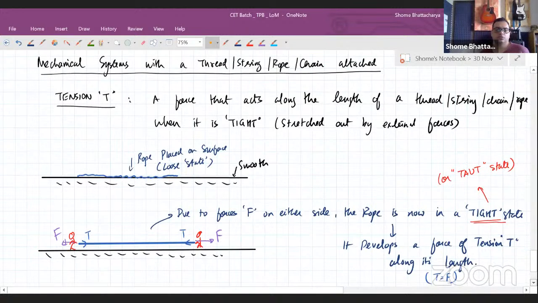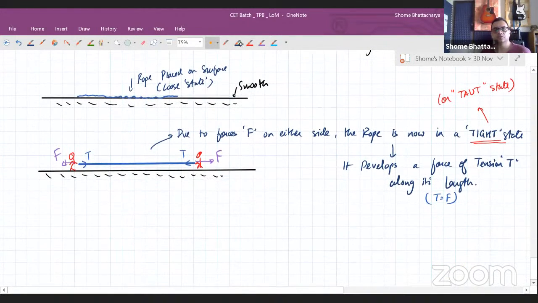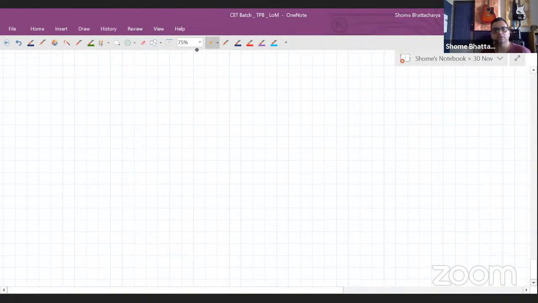Okay, so let's look at some more example situations in which we have a thread or a rope in a taut state.